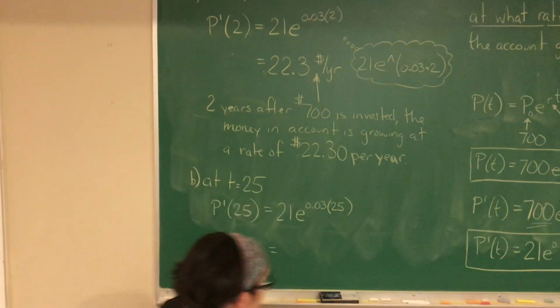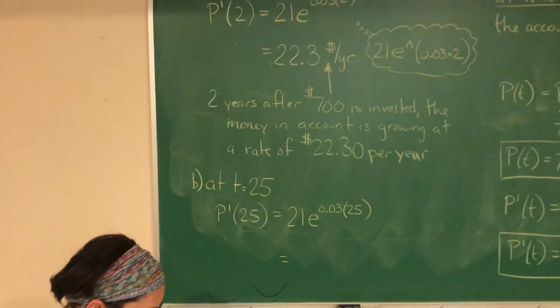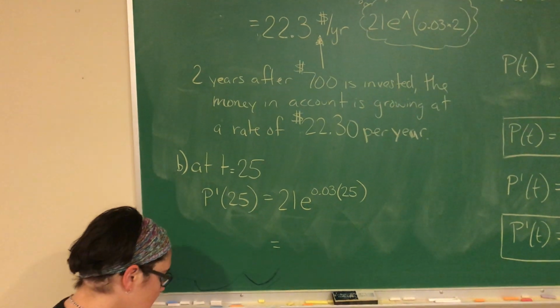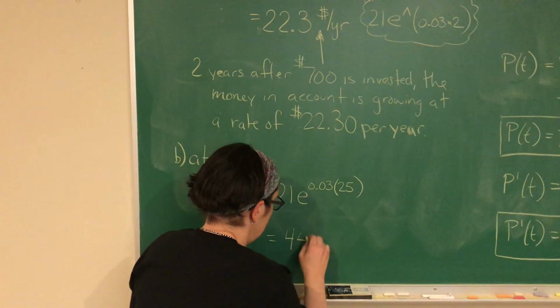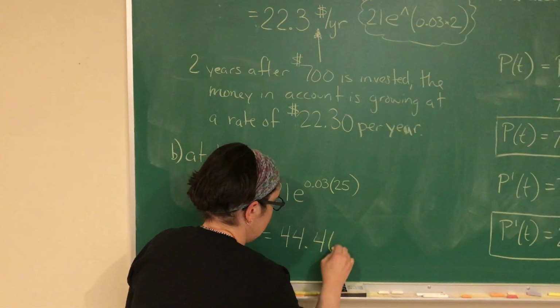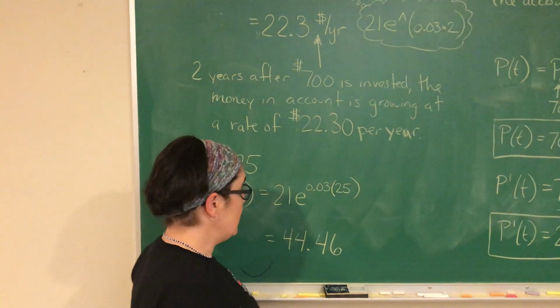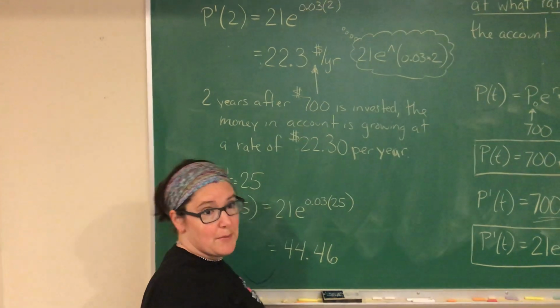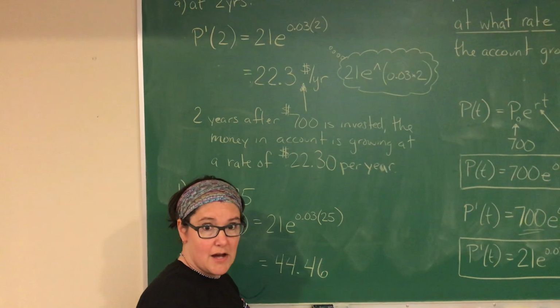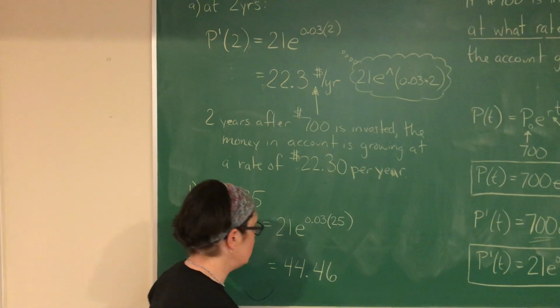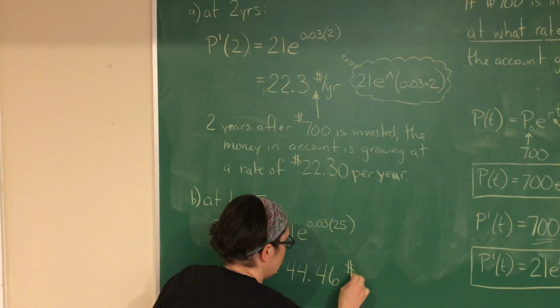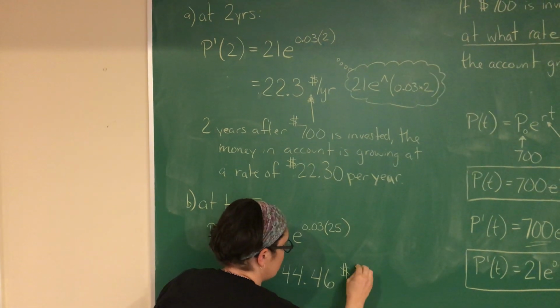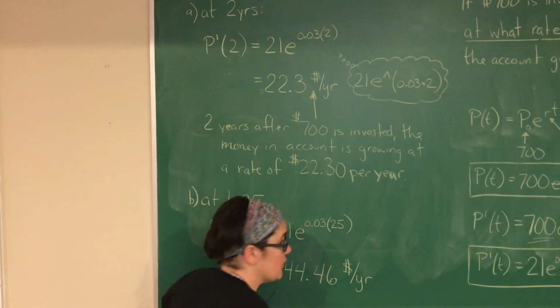Okay, again, you should type this into your calculator and make sure you get the same number that I do, but what I came up with is 44.46. And we're going to have the same label as up above, the rise, which is measuring dollars, over the run, which is measuring years. So this is $44 or $44.46 per year.